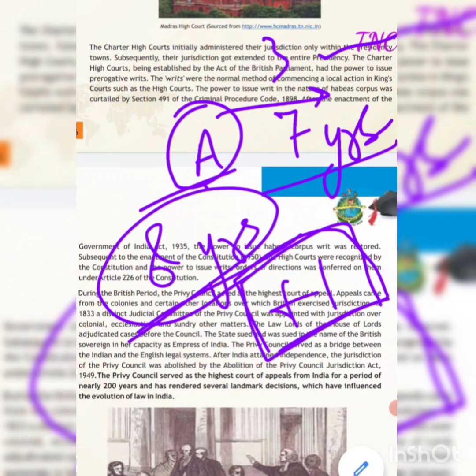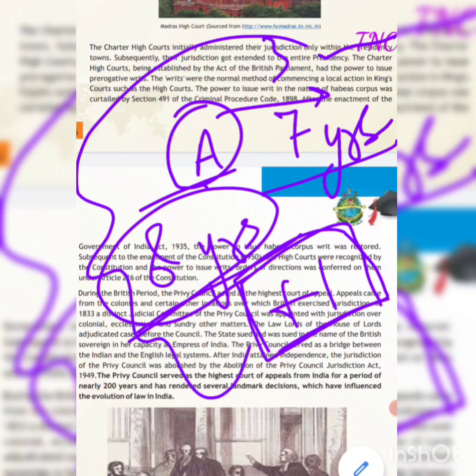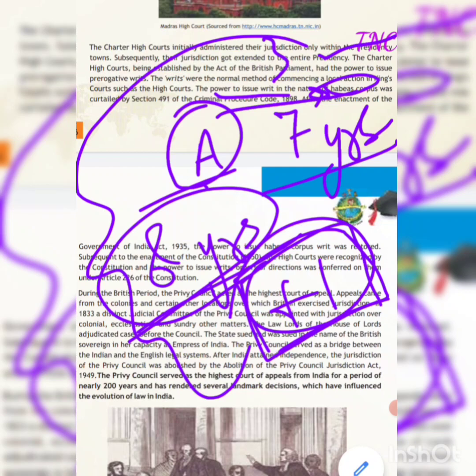So in this sort of situation, the family or the representatives of A, whatever the case may be, can file by virtue of writ of habeas corpus a case in court that this is one extra year that this person has spent in jail. Now I want him to come out, because it's the mistake of the authorities. Whatever crime he has committed, he had got the punishment for it.